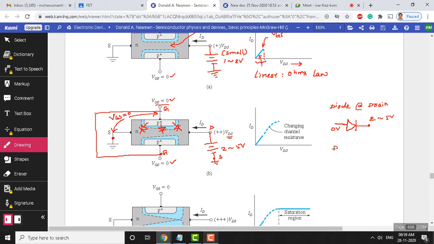Similarly, if you look at the diode at source, it's almost 0 volts at both sides.